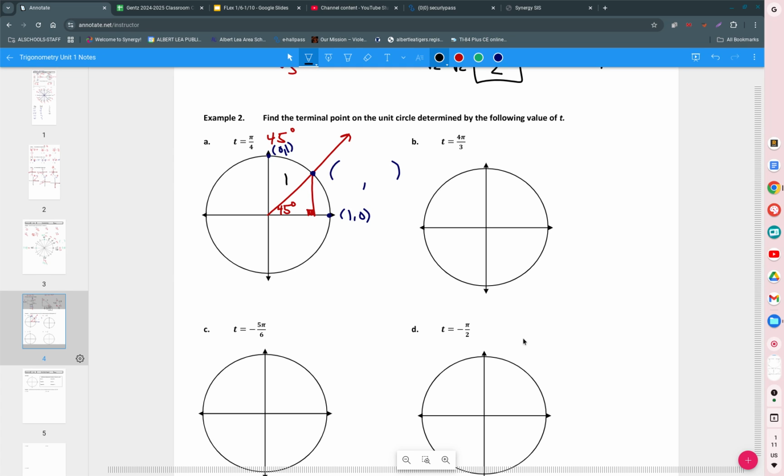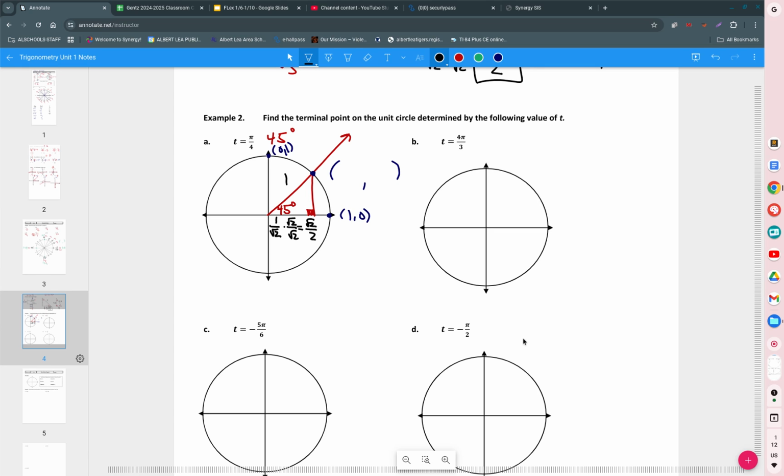So you always put a 1 there. Because it's a 45, 45, 90, we know that those two sides are the same. I remember for 45, 45, 90, to get from here to here, I multiply by the root of 2. So to go from here to here, I divide. So we got 1 divided by the root of 2. Can I leave the root of 2 in the denominator? No. So multiply the top and bottom by the root of 2. And I get the root of 2 over 2.